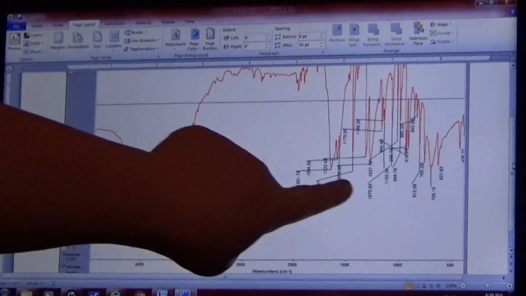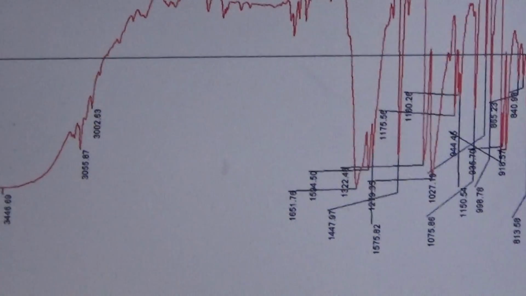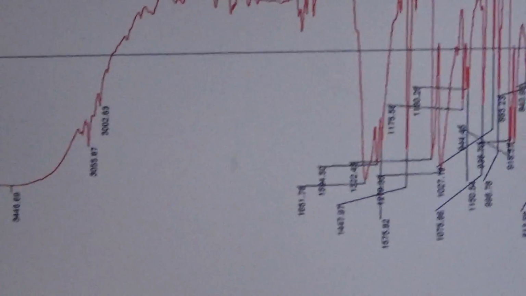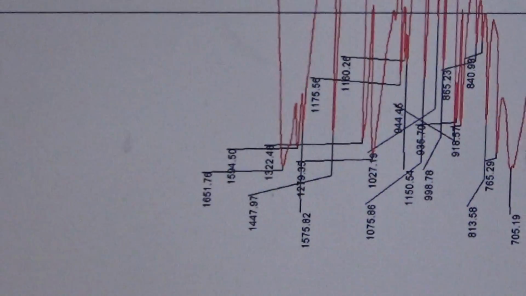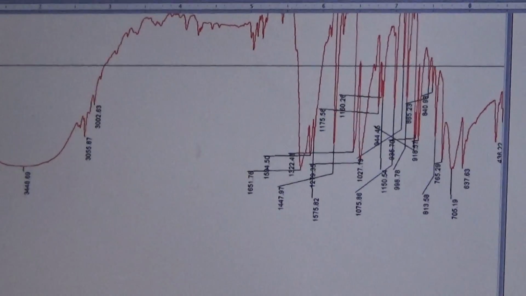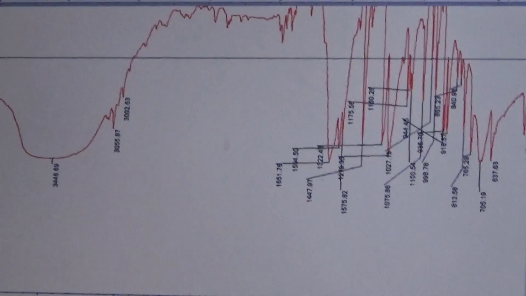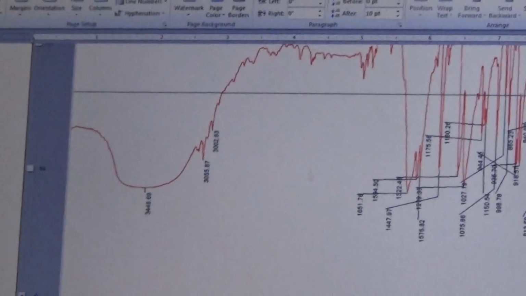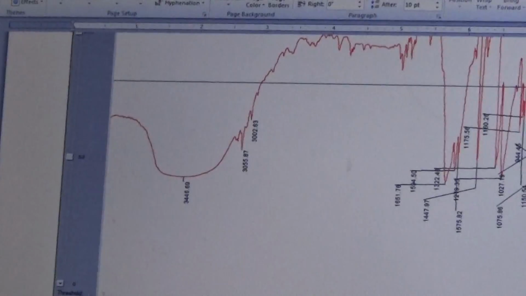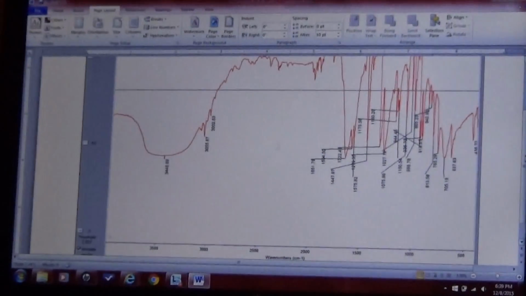Right through here in this region, it's wavelengths of 1690 to 1750. It's a C double bond to oxygen stretch, which is known as a ketone. And then all through here, and then up through here as well, these are C to C stretches in a ring, also known as benzene rings.